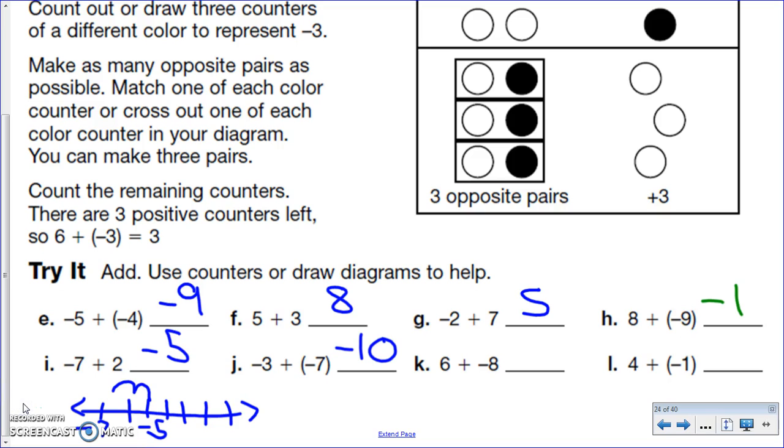For K, we're going to use the circle method again. So we're going to draw out 6 positive circles and 8 negative circles. And now we're going to cross out all of our matched pairs.